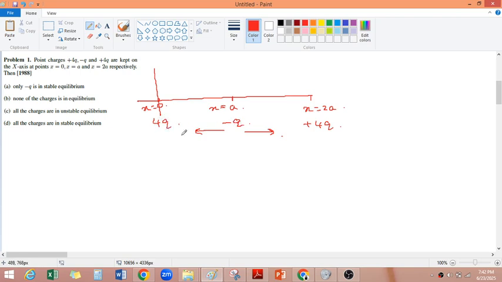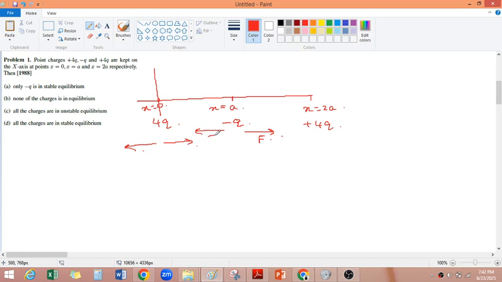Plus and minus will attract, plus and plus will repel. This is closer. Even though the Q is less, this is closer, whereas this one is farther away.